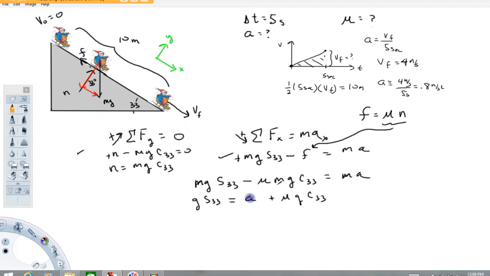Next, we're going to want this term on the left. And then the last step, we're going to want to solve for the coefficient of friction. That means we want to divide by this guy.